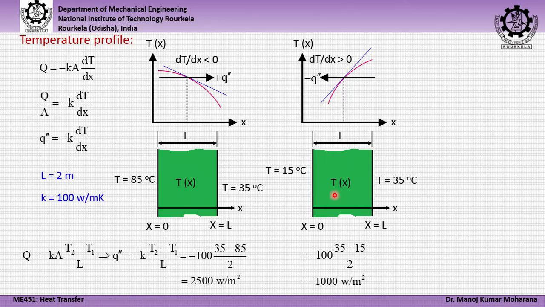The negative sign indicates that the heat flow is in the direction opposite to the positive x direction. That means heat will flow along the negative x direction, from the right face to the left face. So, here this will be the direction of heat flow, and here this will be the direction of heat flow, because in this case you get a positive quantity and in this case you get a negative quantity.